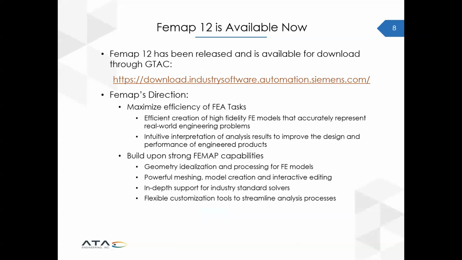We'll see increased support for industry standard solvers, including NX and Astran, but others as well, such as Abacus and ANSYS. And finally, flexible customization tools. So we like to say that Femap out of the box can do about 99% of what any of us would ever need it to do. But for that last 1%, they provide us customization tools through the API and other things that make it easy for us to make Femap everything we need it to be.